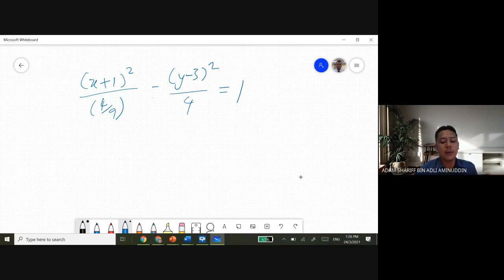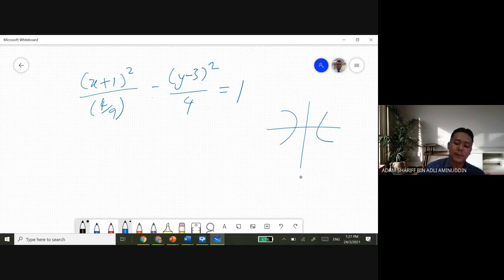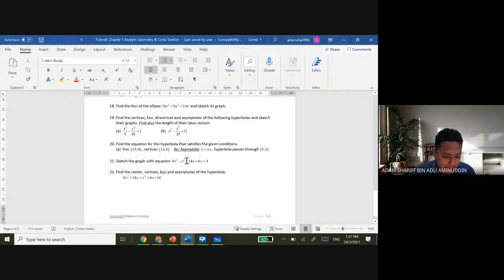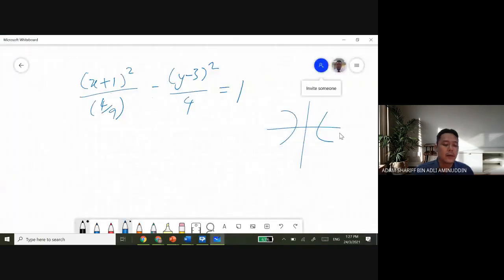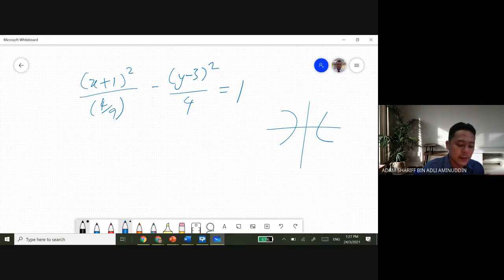So I see a minus here and a positive on the right here, so it will be a hyperbola with this kind of shape. What does the question ask? Sketch the graph. So you need to know the exact value of A, of B and also C. What I can be sure of right now is that this will be A squared.